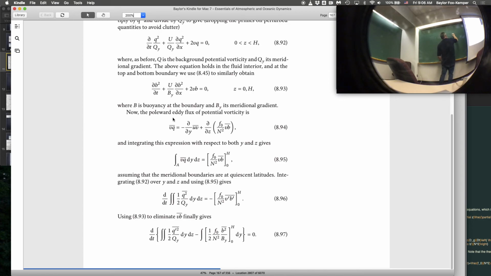And then we have d/dz of f over N squared buoyancy, right? Okay, so this one to this one gives us that term. That's not surprising, right? So we have dV/dx minus V dU/dy plus V times f average plus d/dz of f over N squared.